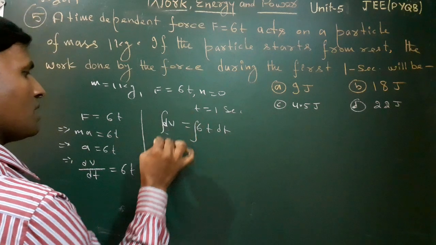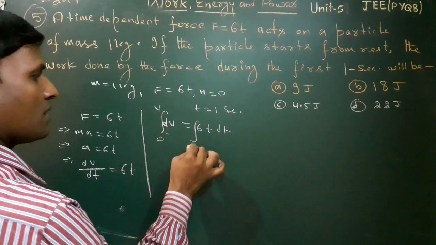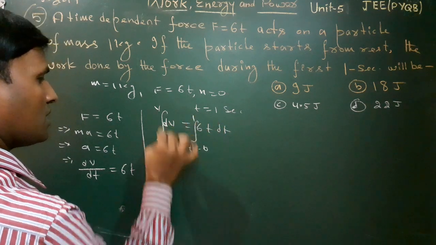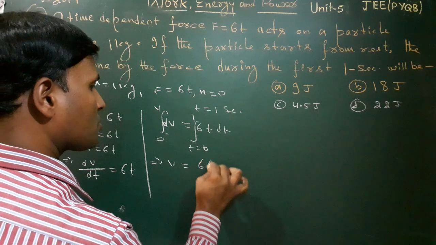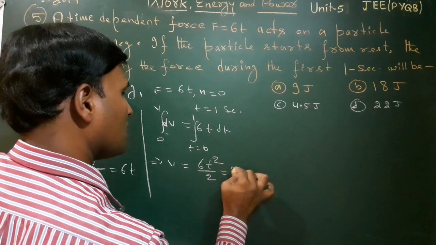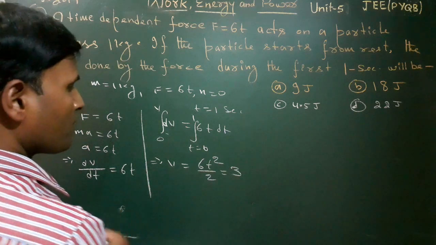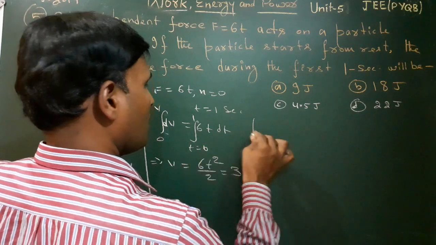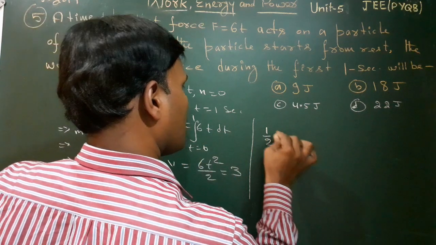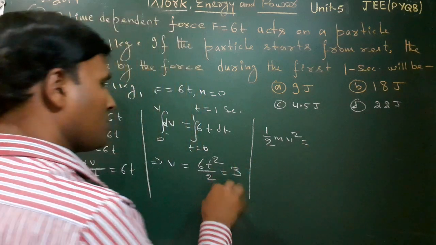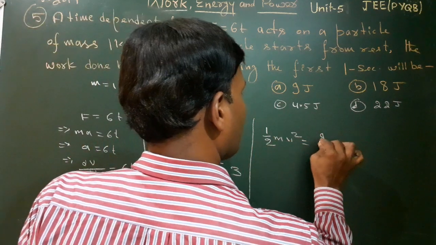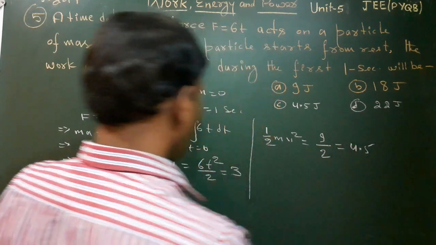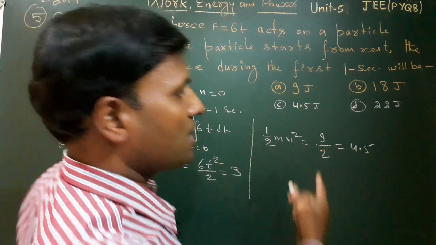Now integrate both sides: initial speed is 0, final is v, and t goes from 0 to 1. We get v as 60t square by 2, that is 30 if we put in the value. Now we have v, so you can find the final kinetic energy, half mv square, which is the final kinetic energy of the particle.